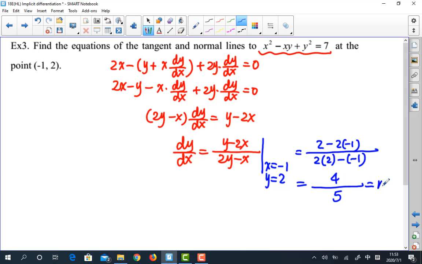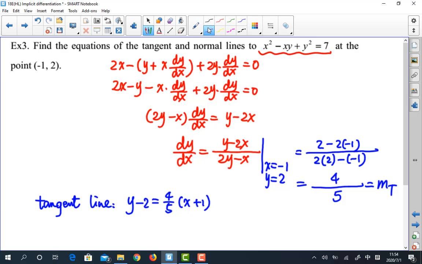And this 4/5 is the particular gradient of the tangent to this curve at x equals negative 1, y equals 2. So when we want to write down the equation of the tangent line, we can use the slope-point form. So y minus 2 equals 4/5 times bracket x plus 1.